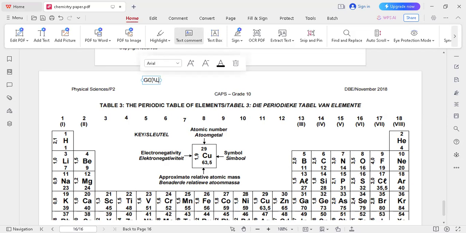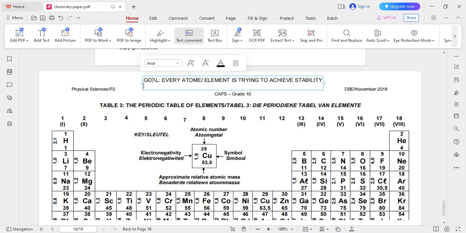Every atom, or you can say element, is trying to reach stability. What do I mean by stability? That it must satisfy its rule, its given requirements.